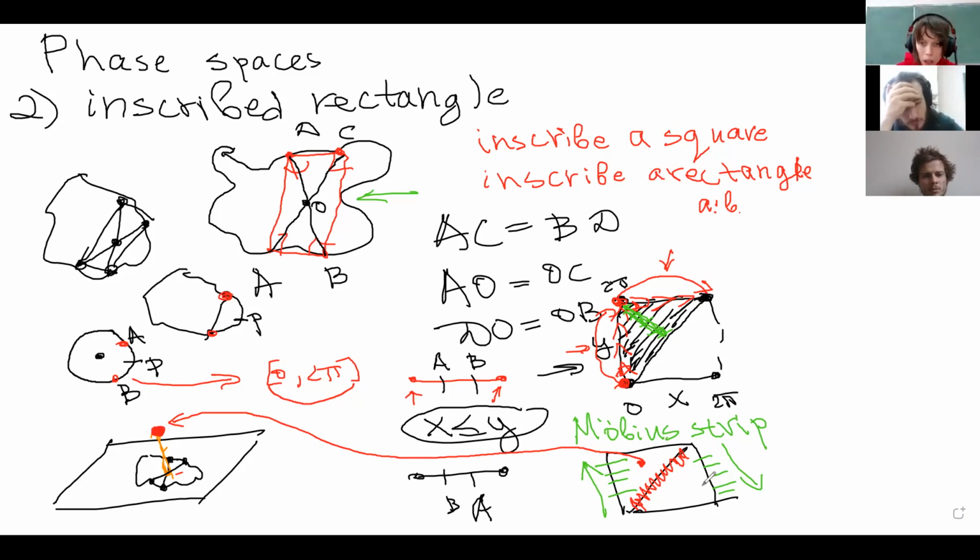So let's see. One more note: points on the edge of a Möbius strip correspond to points on the curve. It's like a line segment of zero length. When the two endpoints are the same, the length of such a segment is zero, so the point in space corresponding to it is just this point.